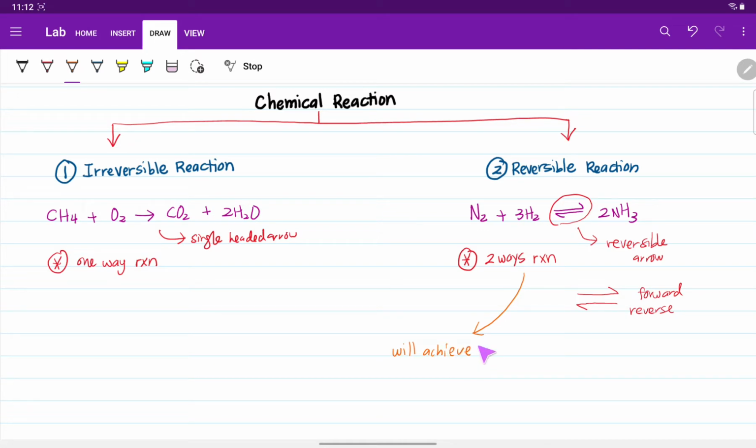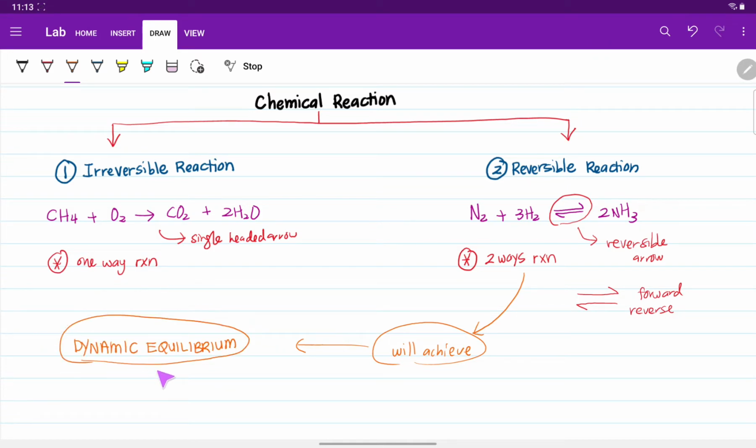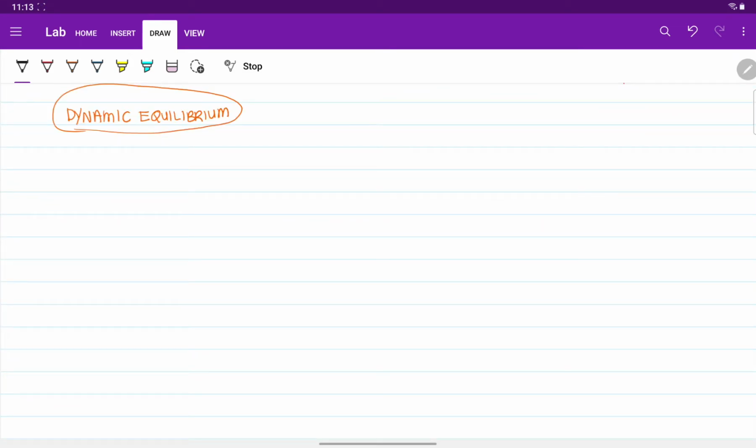Apa yang dia akan achieve? So dekat sini nanti it will achieve dynamic equilibrium. So what is dynamic equilibrium? A reversible reaction is said to achieve dynamic equilibrium bila dia capai dua kriteria ni.